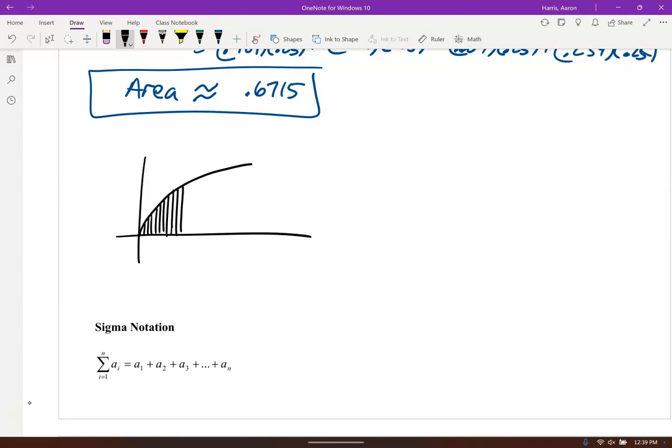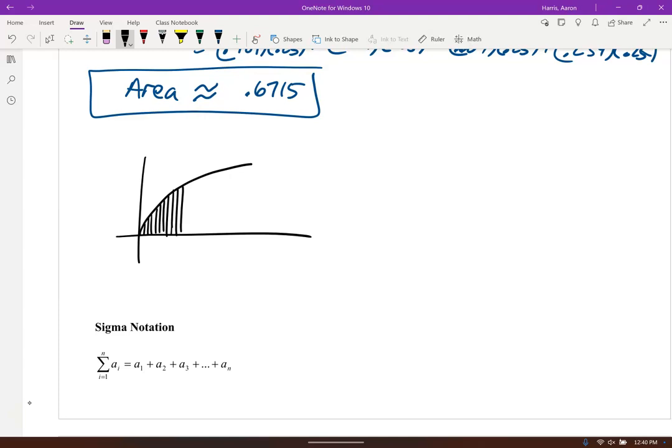And hopefully you can see that, hey, you're going to have less error if I break it up into smaller and smaller rectangles. So ideally what we're going to do is use a limiting process and take the number of rectangles to infinity. In other words, we'll take delta x, the width of the rectangle, to 0. That's the same thing. So as we take the number of rectangles to infinity, we'll eliminate our error involved.